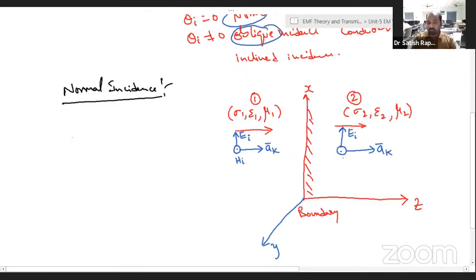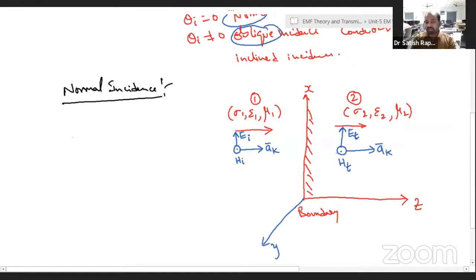This is E_T, the transmitted electric field, and this is H_T, the transmitted magnetic field.